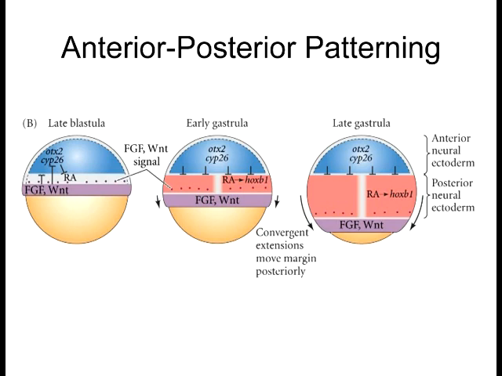Again, retinoic acid plays a key role in anterior-posterior patterning of the zebrafish. You don't necessarily have to know all the dynamics behind this, but retinoic acid, again, is another factor in anterior-posterior patterning. It increases as it goes from anterior to posterior and turns on key genes for that patterning.